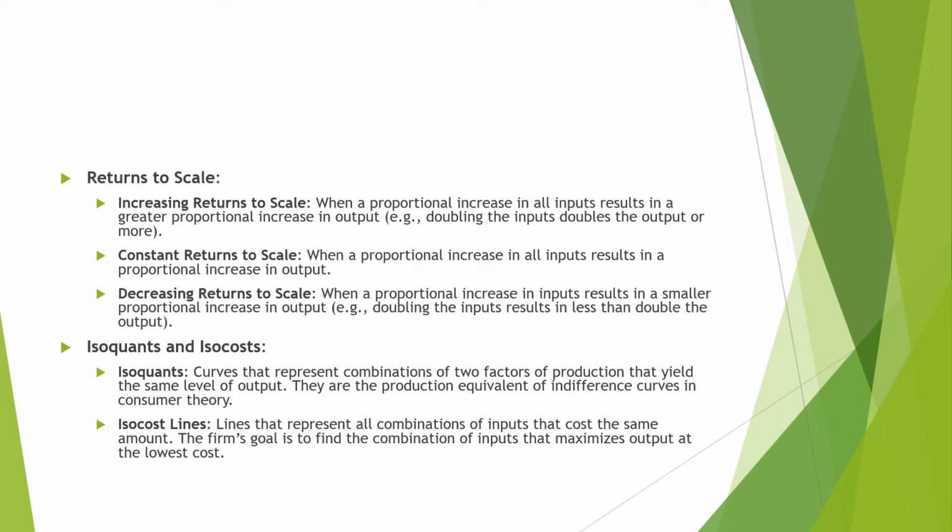They are the production equivalent of indifference curves in consumer theory. Isocost lines represent all combinations of inputs that cost the same amount. The goal is to find the combination of inputs that maximizes output at a lower cost.